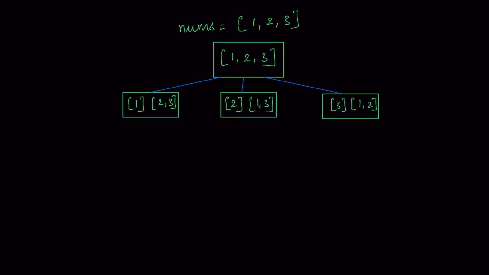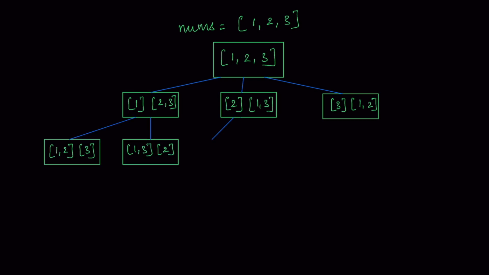Now let's look at the recursion tree for the next level. We are going to split the 2, 3 further, and arrive at 2 more branches: 1, 2 and 3; and 1, 3 and 2. So here 1, 2 and 1, 3 represent the permutation, and the remainder of nums is 3 and 2.